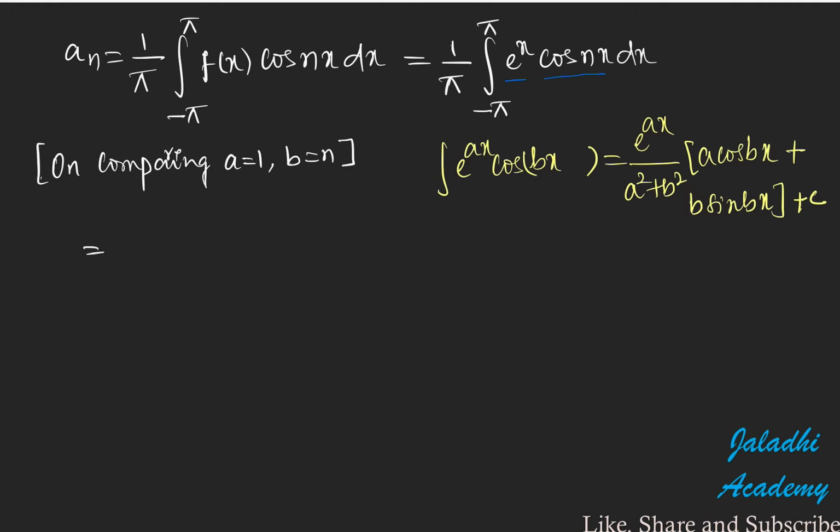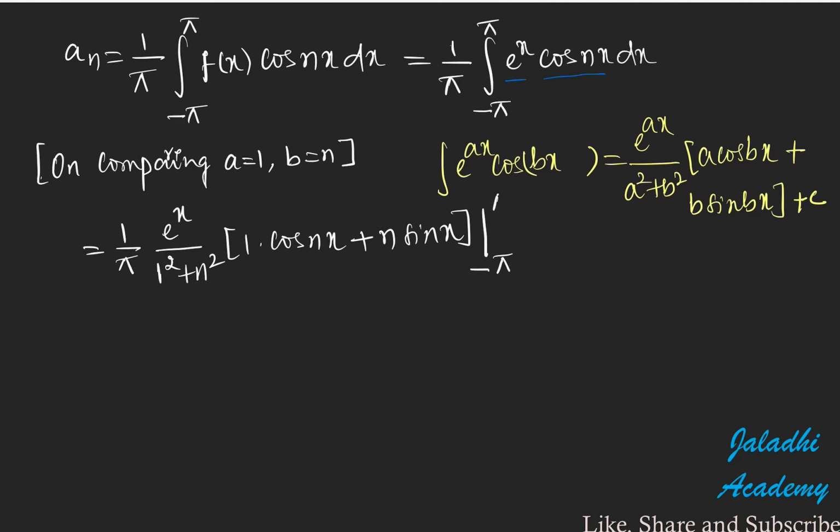Then the value becomes 1 by pi, e power x divided by a square, that is 1 square, plus n square, into a cos bx, that is 1 cos nx, plus b value is n, so n sin nx, limits from minus pi to pi.